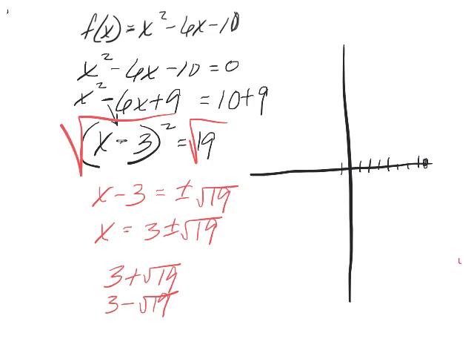And then a little 3 minus 4-ish, so it's going to be just kind of like between 1 and 2 there. So it tells me a little bit of an idea of what that's going to look like. Okay? So that's kind of helpful to be able to take the square root of a number and add it to the 3 or subtract it from the 3 and be able to get an idea of what your x values are.